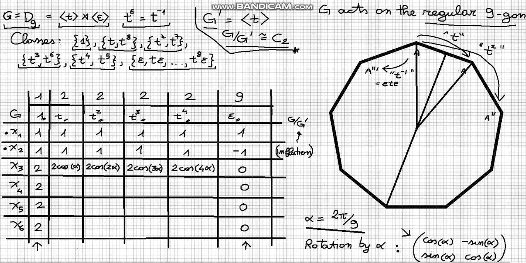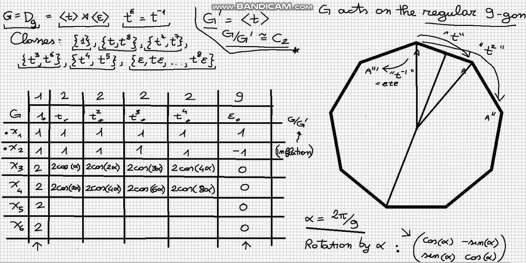So what is chi4? It's exactly the same, but instead of alpha, you put 2 alpha. So here you put 4 alpha, because remember that if t rotates by an angle, t squared rotates by the double, and so on. 2 times cosine of 6 alpha, 2 cosine of 8 alpha.